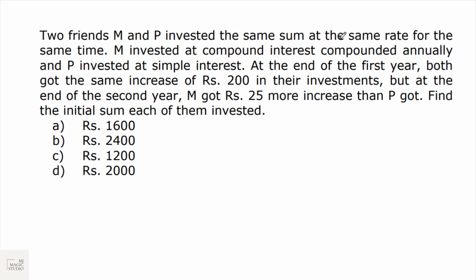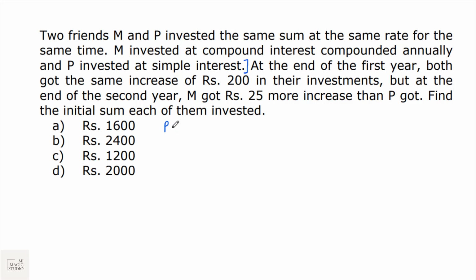Two friends M and P invested the same sum at the same rate for the same time. M invested at compound interest compounded annually and P invested at simple interest. Very clearly this is a situation of difference between CI and SI. At the end of first year, both got the same increase of rupees 200 in the investment.